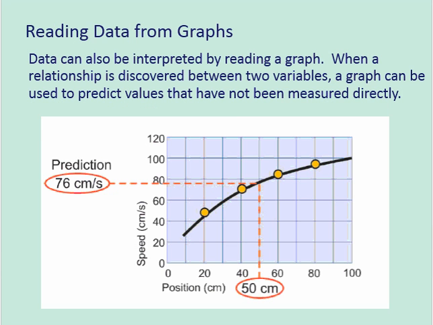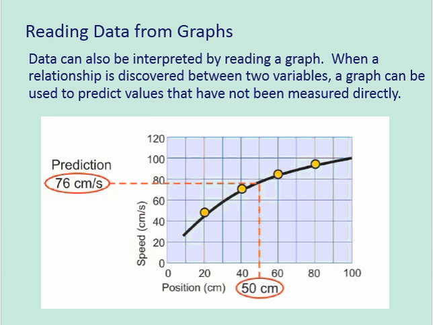All right, once you have a good graph, or if someone has provided you a good graph, one of the great things is you can also now read data from that graph. You can make predictions of values for maybe values that you did not collect data for in your experiment. So you can see here someone was doing position and speed at certain times. So they only had data for the points of the position at 20 centimeters, 40 centimeters, 60 centimeters, and 80 centimeters.